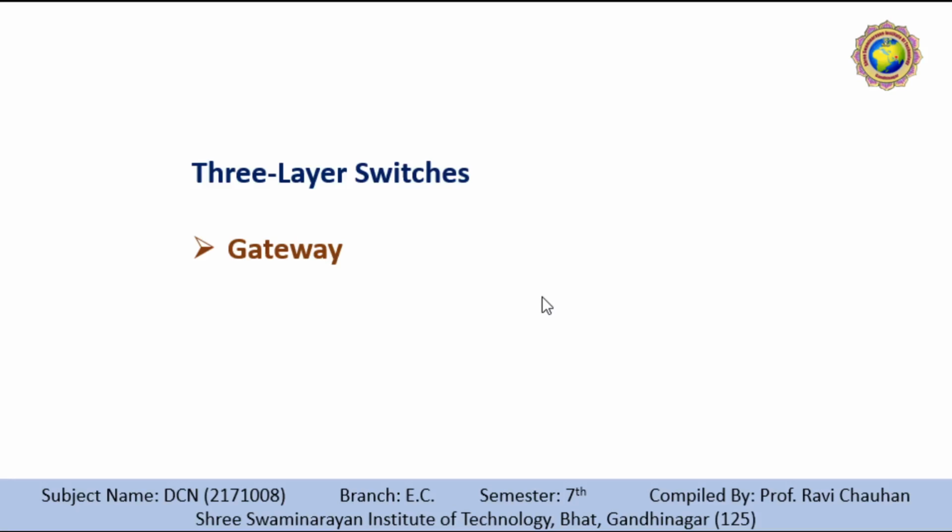Next is the gateway. Although some books may use the terms gateway and router interchangeably, most of the literature distinguishes between these two. A gateway is normally a computer that operates in all 5 layers of the internet or 7 layers of OSI. A gateway takes an application message, reads it, and interprets it.